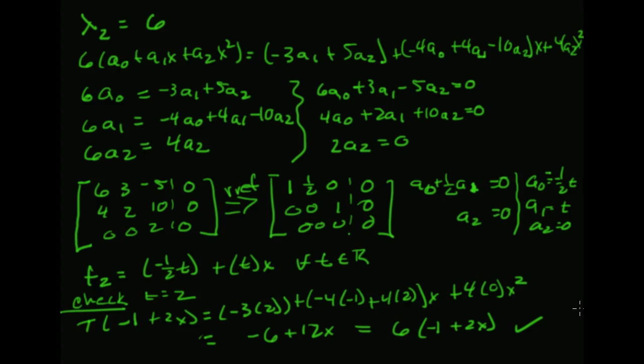All right, so let's do the third eigenvalue for this problem, which is 4. So again, we have lambda 3 is 4.